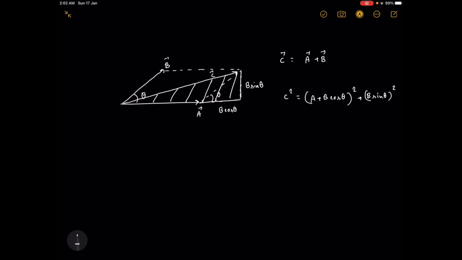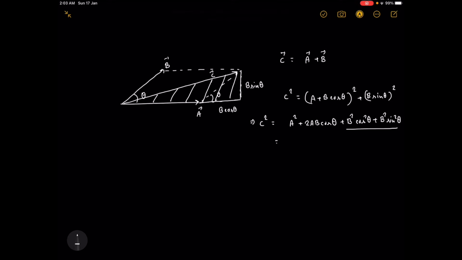Okay. After this, we can write c square as a square plus 2ab cos theta plus b square cos square theta plus b square sin square theta. Now these two terms, if we take b square outside, we will get sin square theta plus cos square theta in the parenthesis.